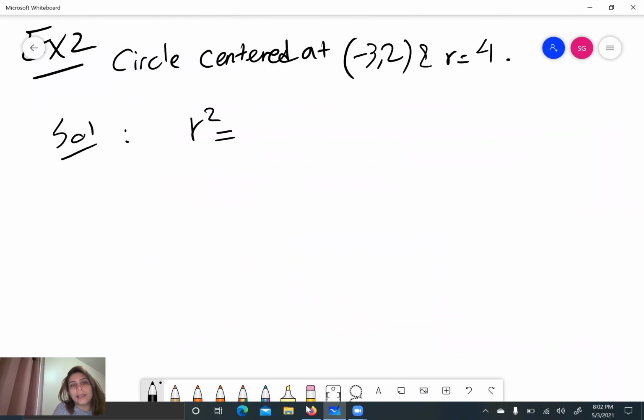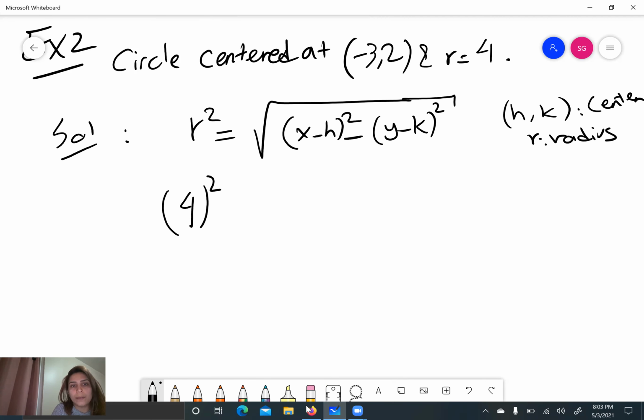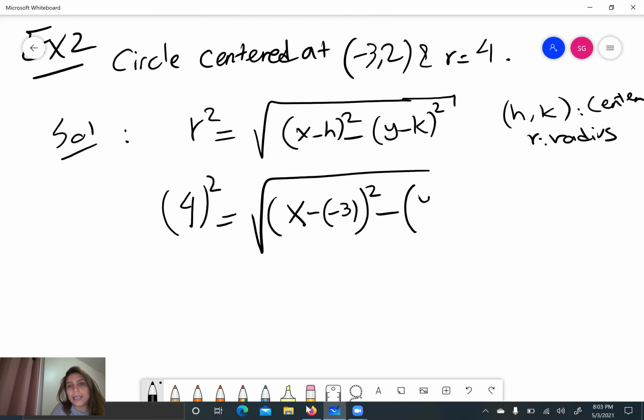Okay. So what is the formula of a circle? It's r squared equals x minus h squared plus y minus k squared, in which h and k are the center, r is the radius, right? This is the formula of a circle. So in this question, r is 4, so it's going to be 4 squared, x minus h is x minus -3, and k is 2. So I just substitute the values for center and radius into the formula.